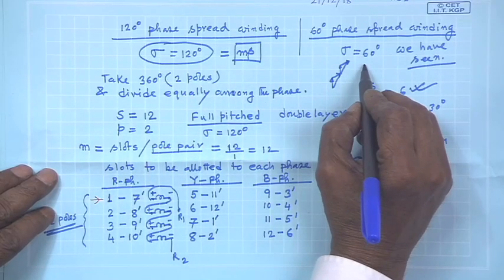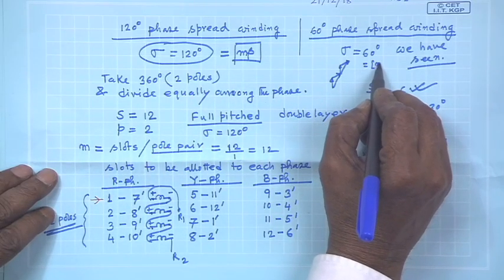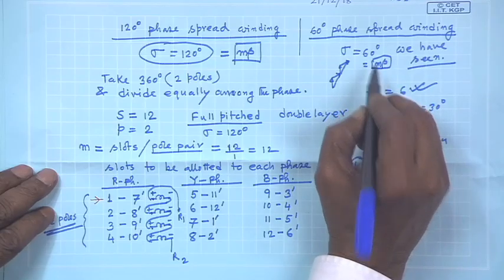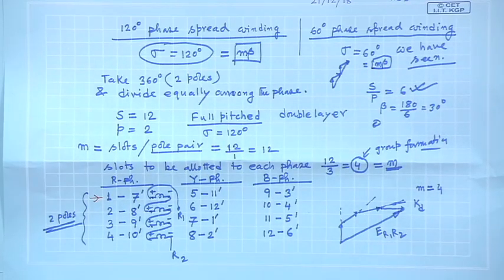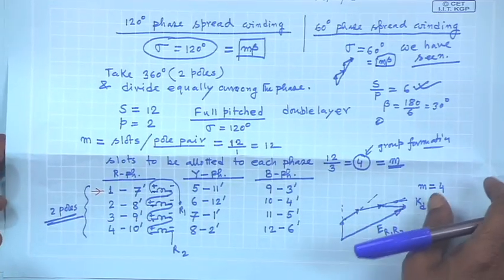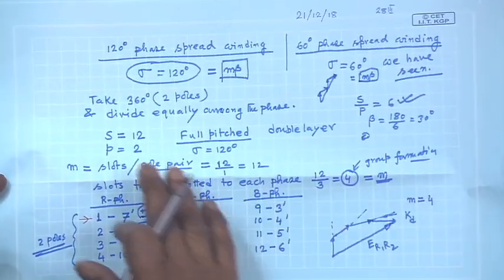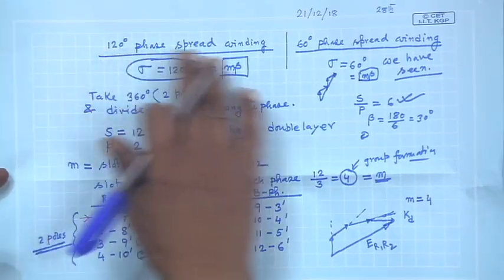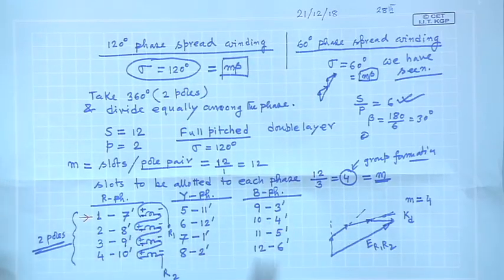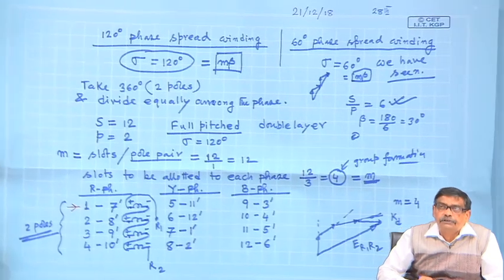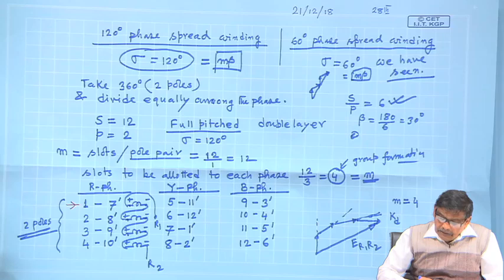This is also m beta. Is it not? It has to be like this. Therefore, this is how this 120 degree phase spread winding can be wound. You will get a successful 3 phase balanced winding, and you can do some examples.